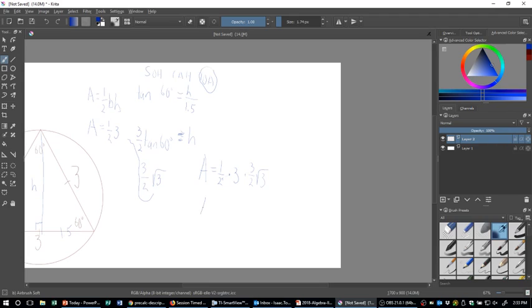So if I multiply all my numerators together, I get 9 square root of 3, and if I multiply my denominators together, I get 4. So I know this is the area of the triangle.